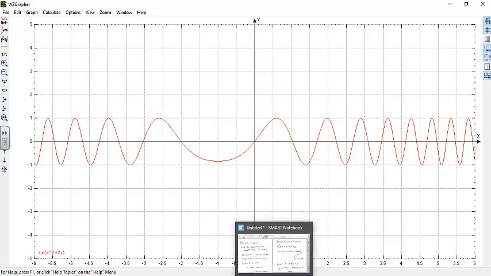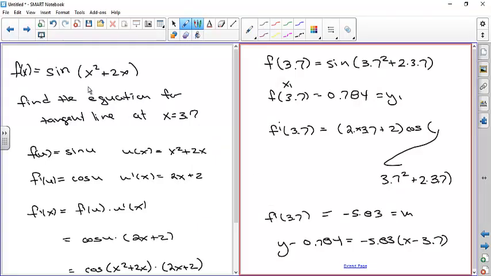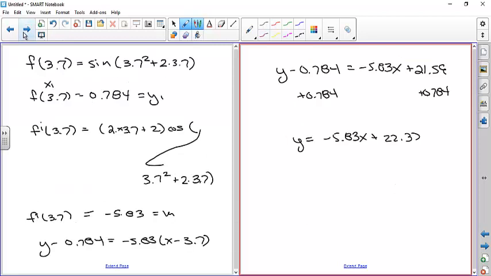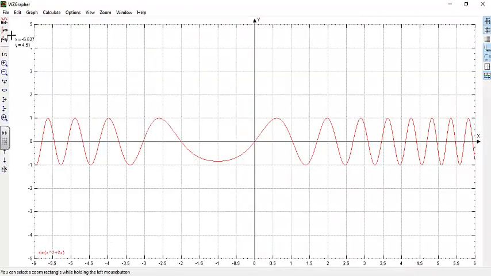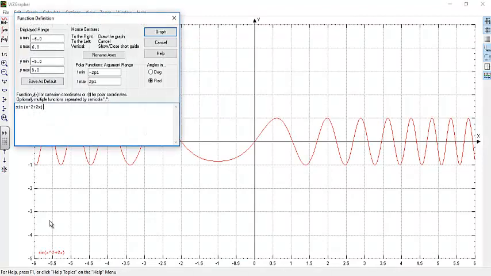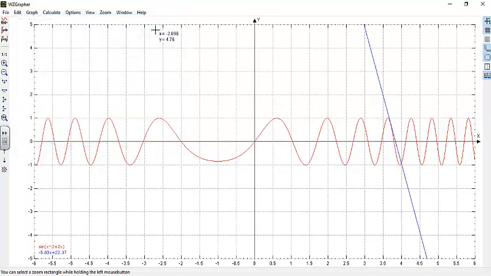Okay, so now we need the equation for the tangent line, which is negative 5.83x plus 22.37, and 3.7 is about here. So let's graph it. And there's my graph.